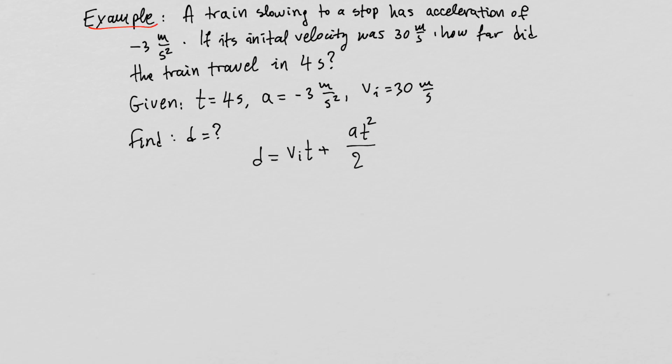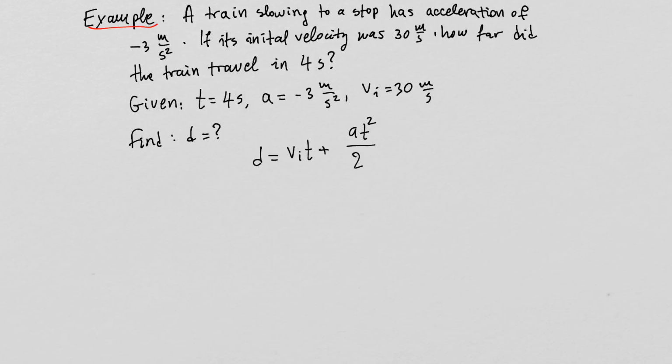I don't need to do any rearranging of this formula because I'm looking for the distance, and the distance here is expressed in terms of everything else. All I need to do is just replace the quantities here to find the answer.